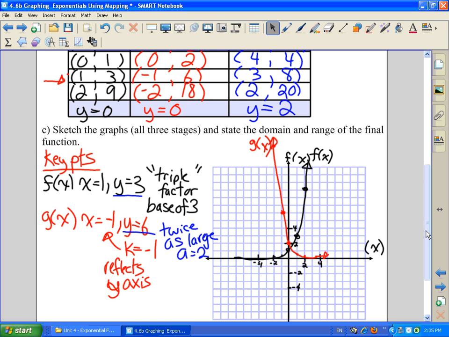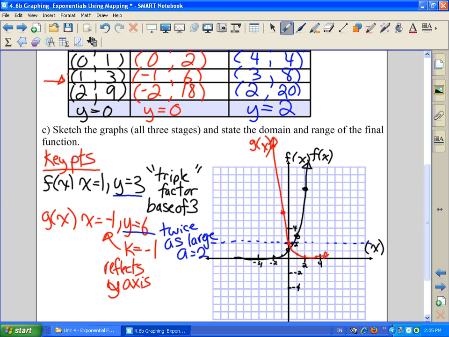Let's now finish off our graph with our h at x. Okay, so for h at x, we know we have an asymptote at y equals 2, and we are shifting it up 2 and to the right 4. Okay, so 3 and 8 you can get on.